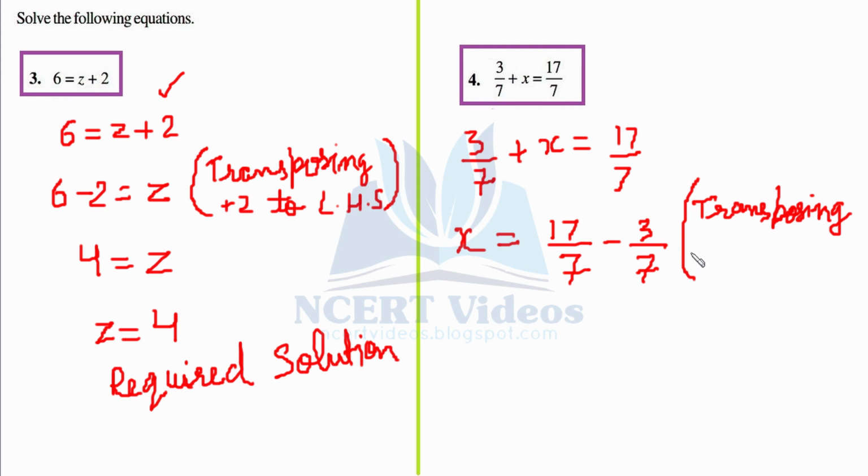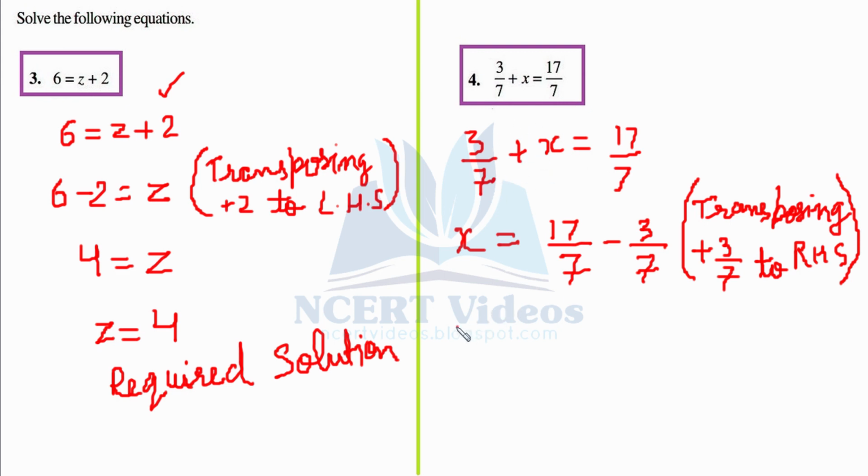Positive 3 over 7. So if you write positive 3 over 7, it would be more precise. We are transposing positive 3 over 7 to which side? Right hand side, RHS, because your right hand directs towards this side of the equation as you are facing the screen, and your left hand points towards this side of the equation.